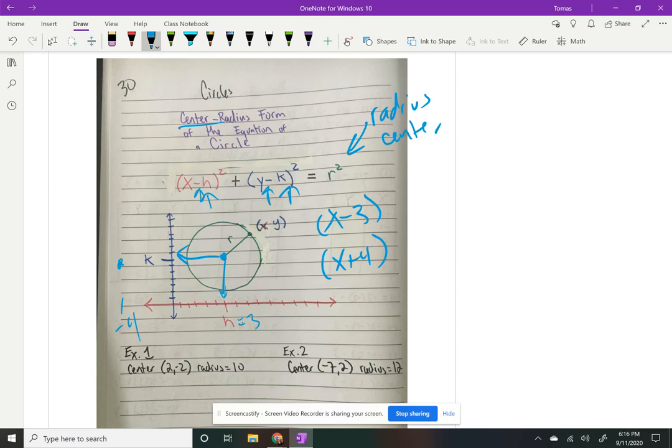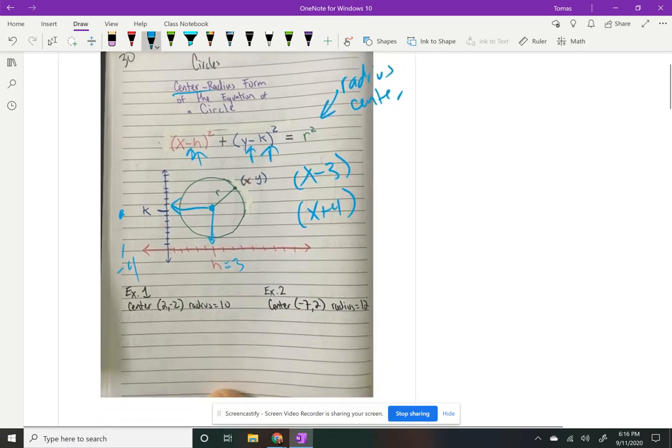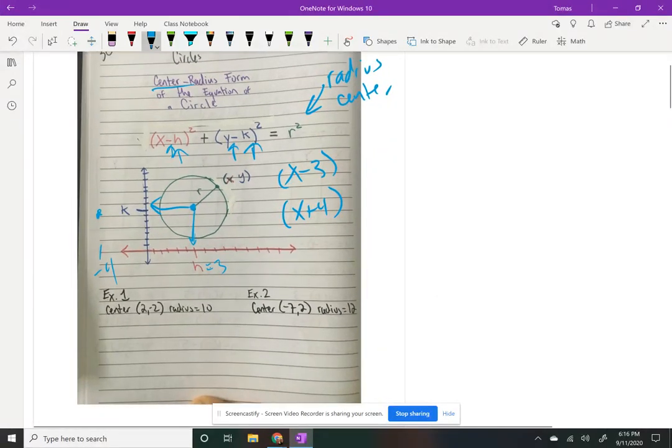So let's take example number one. Don't mind my finger right there. So we have x minus, plus y minus, and that's going to equal our radius squared, right?